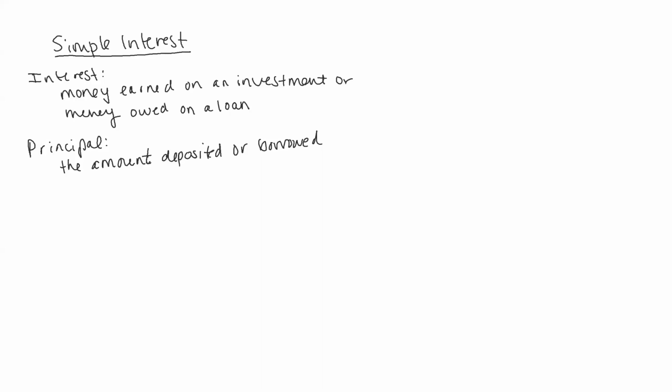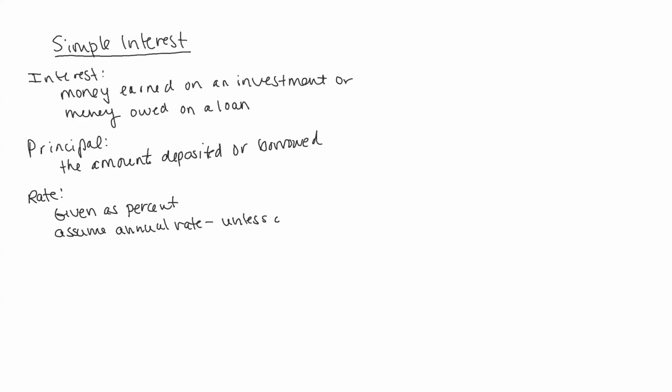Now you have an interest rate or just a rate. And there's a few things you need to know about this. It's given as a percent. Assume it's an annual rate unless otherwise stated. And it's going to vary bank to bank.